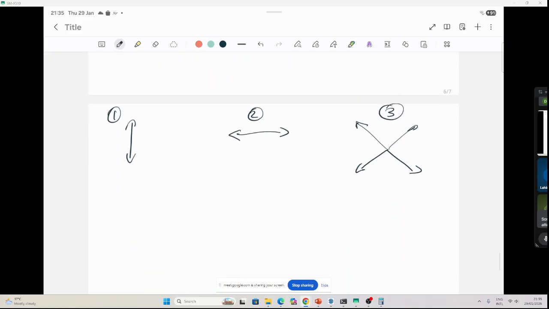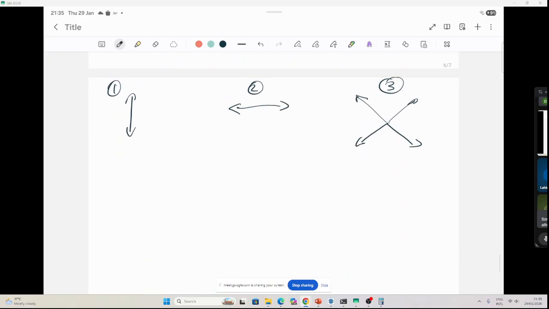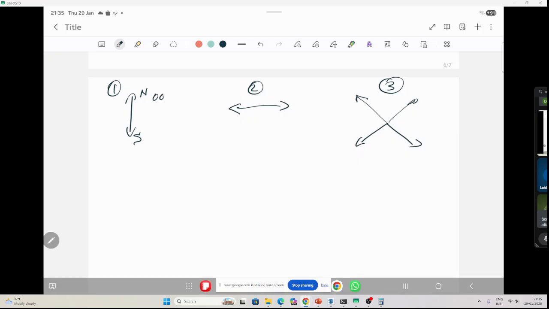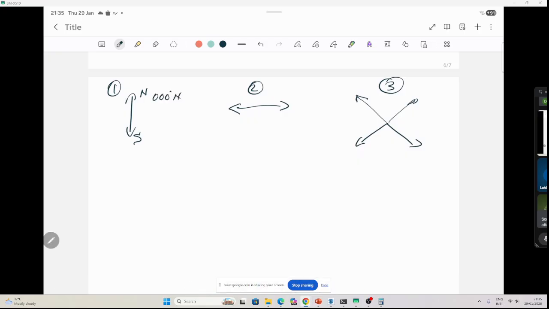Okay, so now, as I told you, the main requirement is finding the course and the distance, right? In this case, what is your course going to be if you are moving towards north or south? There are only two possibilities. Your course is going to be either 000 degrees true or 180 degrees true.